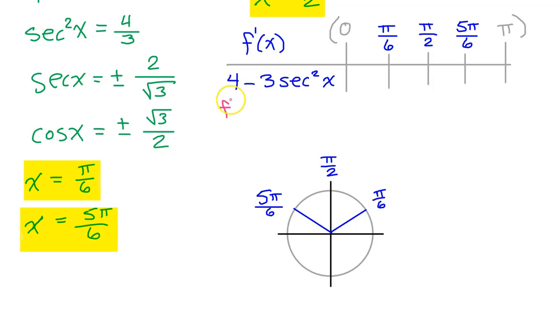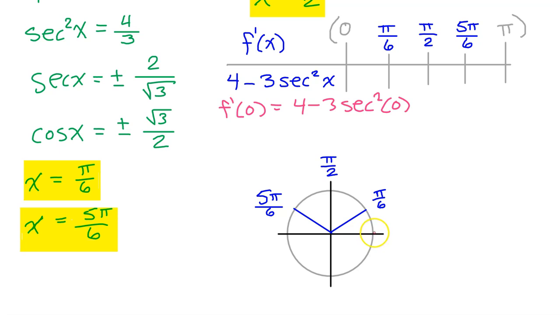So f prime at 0 would be 4 minus 3 secant squared 0. But remember, secant is the reciprocal of cosine. So what is the cosine of 0? Cosine is the x value on the unit circle, and here at the starting position of 0, the x value is 1.